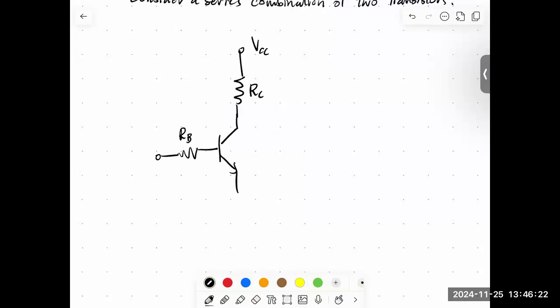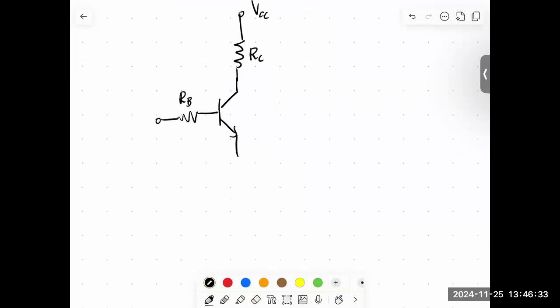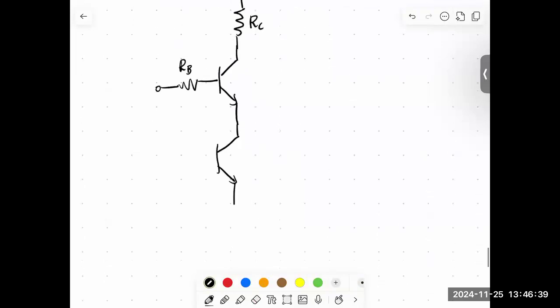So if I put my ground here, this is the exact circuit that we just analyzed, the inverter. But what we're gonna do now is put in a second transistor, exactly in series like this.